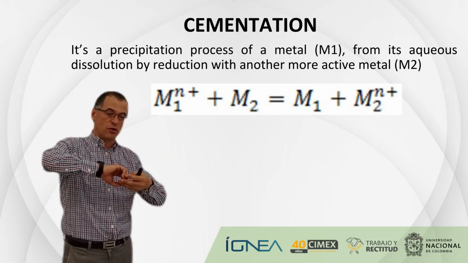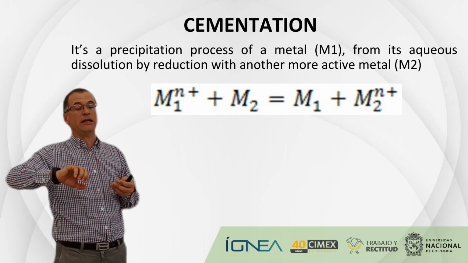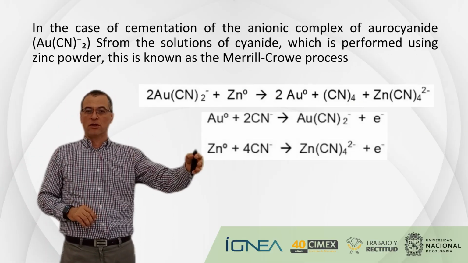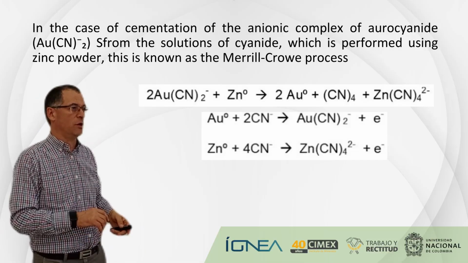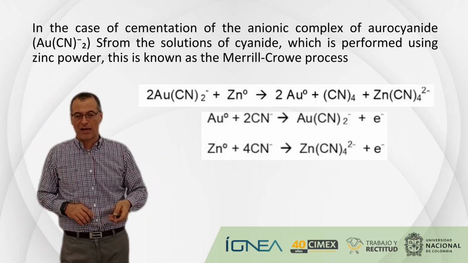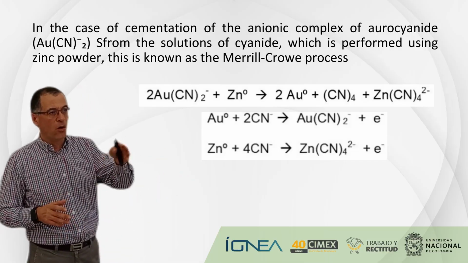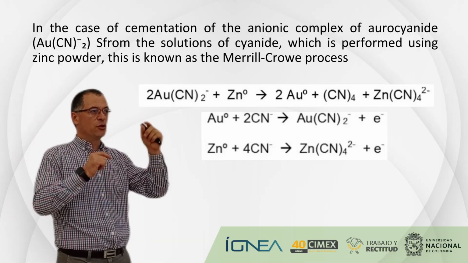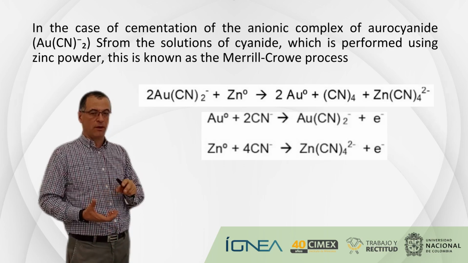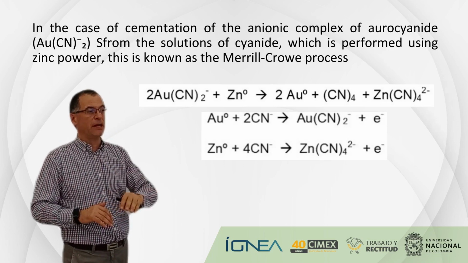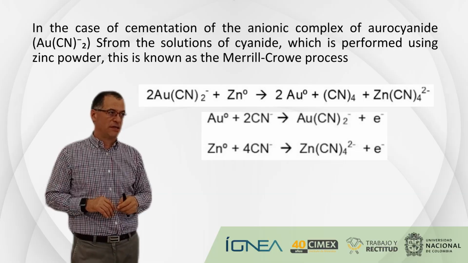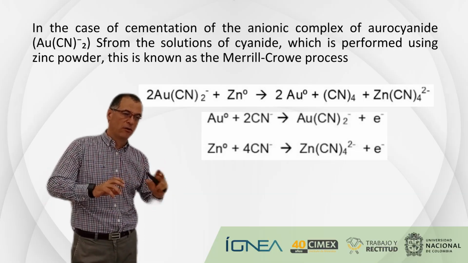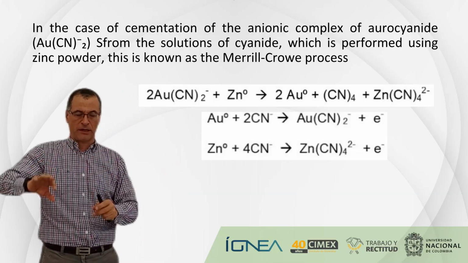The cementation produces the gold again in solid state, and the zinc goes to the solution. You have the gold in cyanide solution, put in presence of zinc, and then you obtain the gold free in solid state, precipitate, and another molecule with cyanide and zinc.